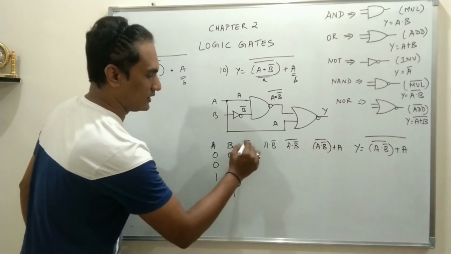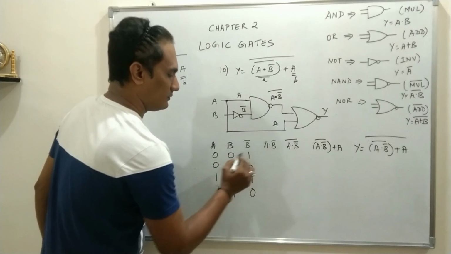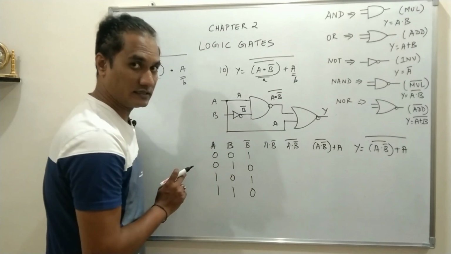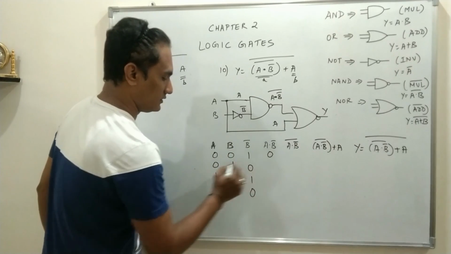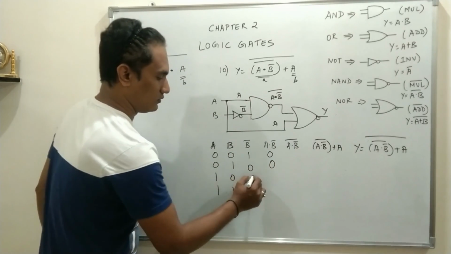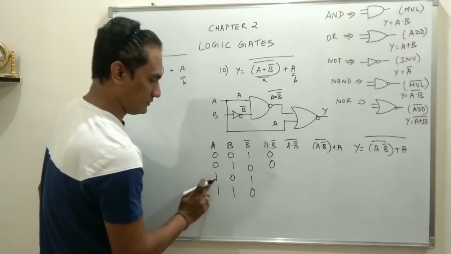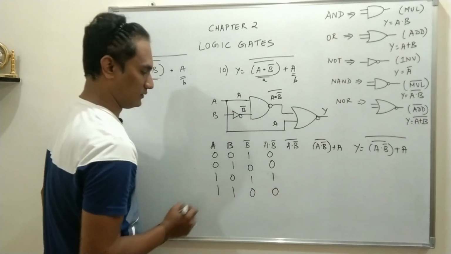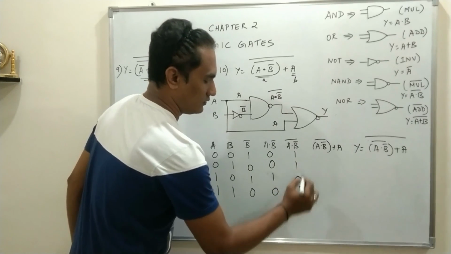B bar will be 1 0 1 0. A dot B bar, that means AND logic between these two columns, AND logic amounts for multiplication. So 0 and 1, 0, 0 and 0, 0, 1 0. Sorry, the third column is 1 1, so 1 1 0 0, and complement of this will be 1 1 0 1.